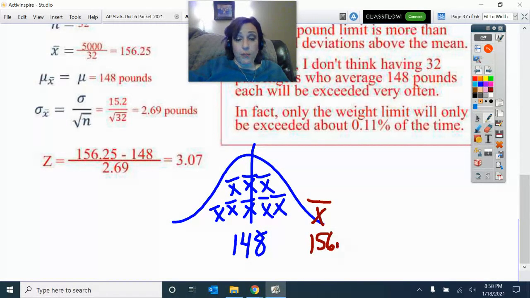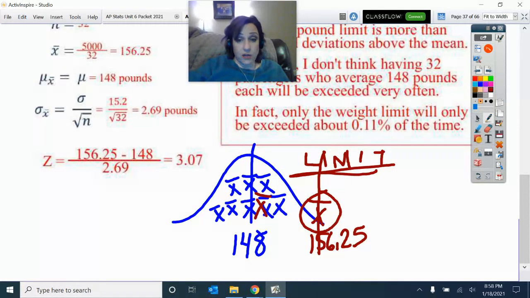156.25 per person on average. So the question is, where is that? This is the limit. This is as much as is being allowed. This is where it becomes dangerous.